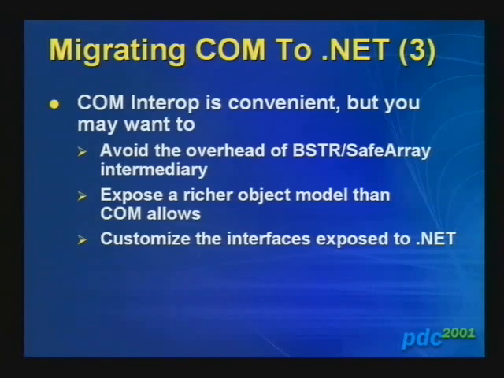Since this TLBIMP tool can only read the type library and has to translate from what's in the type library from your existing COM interface to a .NET interface, it can't do anything more than just a literal one-to-one translation.